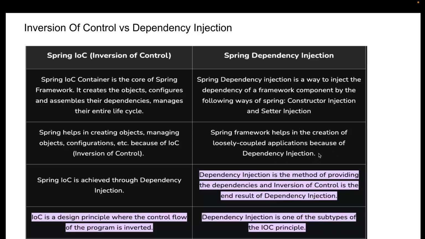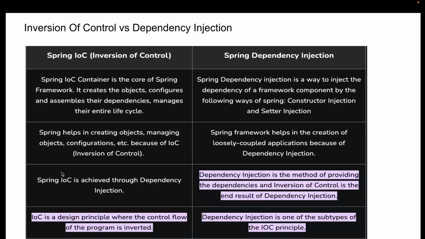So when we talk about loosely coupled applications, we mean that these applications can exist independently and these applications can be broken down into small modules, and these can be deployed independently as well. So Spring Framework helps in the creation of loosely coupled applications because of dependency injection.